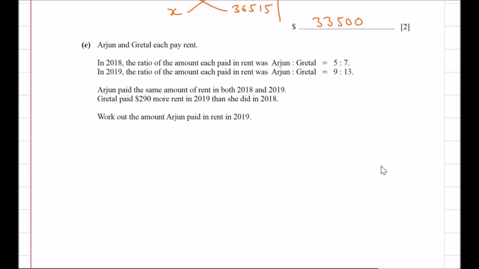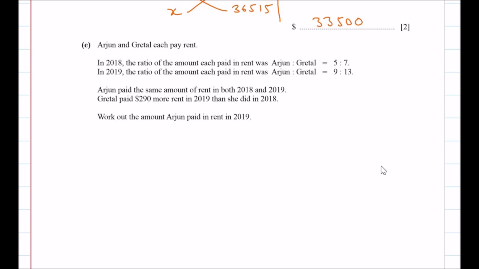Okay. Arjun and Gretal each pay rent. In 2018, the ratio of the amount each paid in rent, Arjun to Gretal, was 5:7. In 2019, the ratio of the amount each paid in rent, Arjun to Gretal, was 9:13.